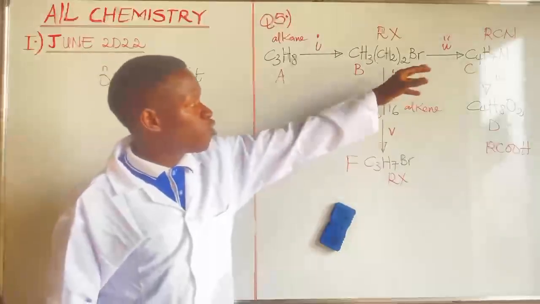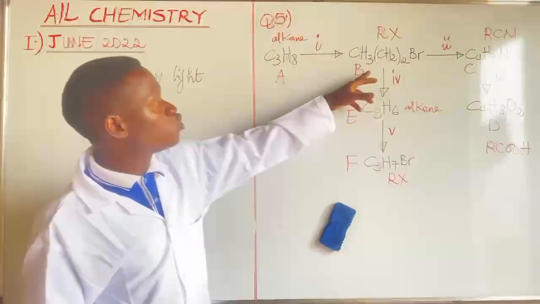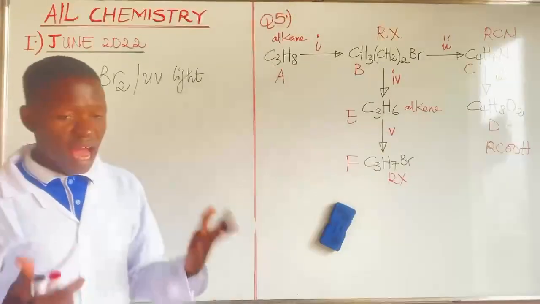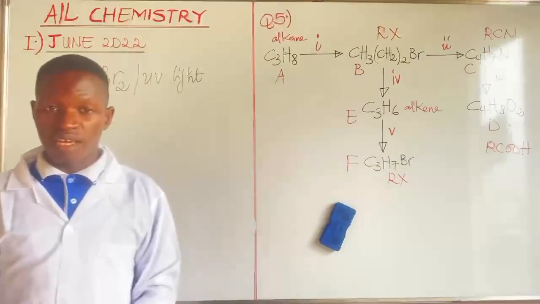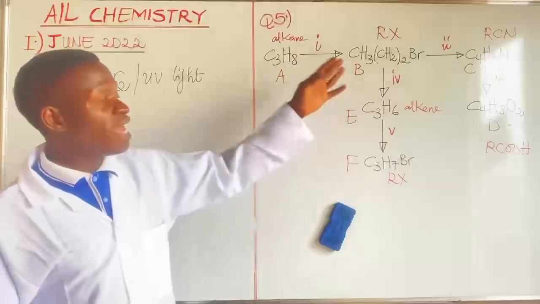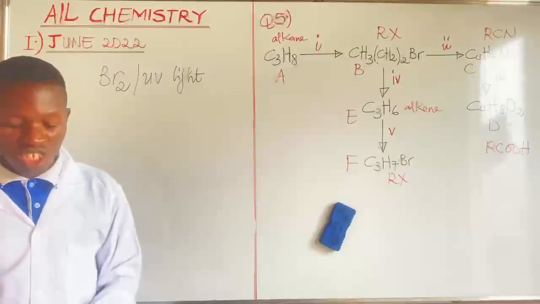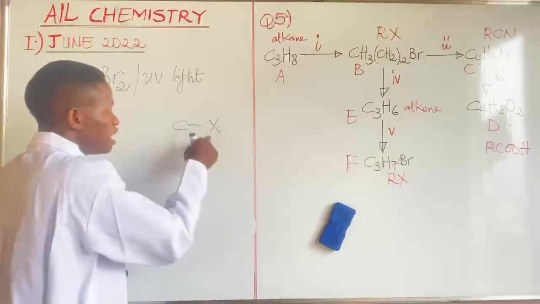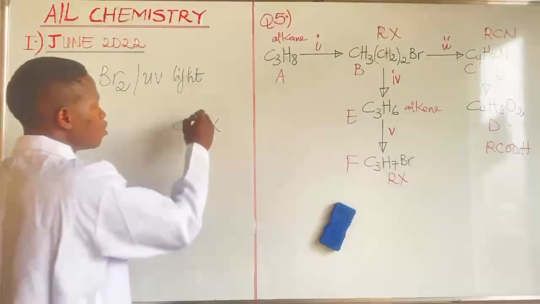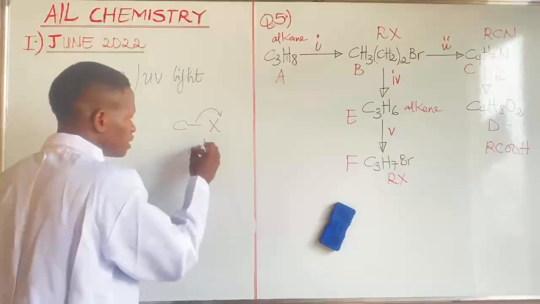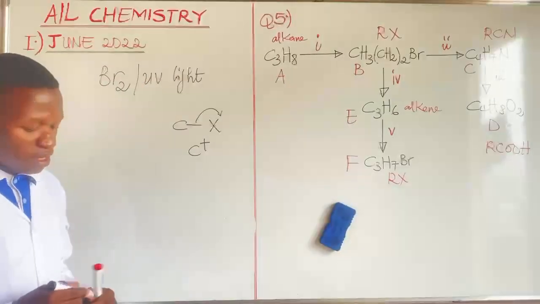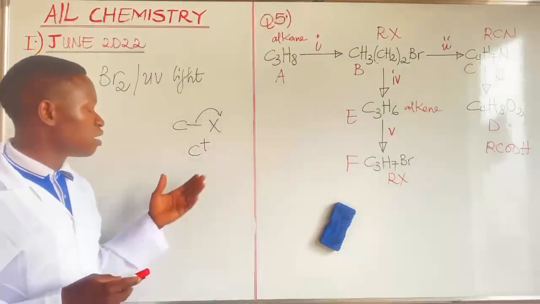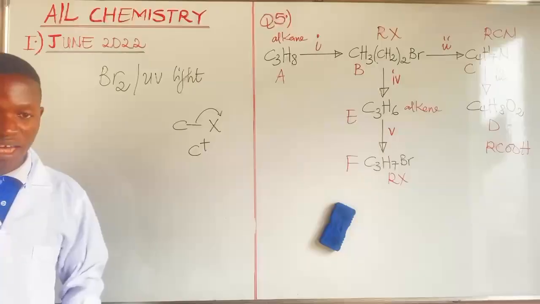Now, Roman 2, we are going from haloalkane to nitrile. We know that haloalkanes equally are saturated, but thanks to the high electronegativity of the halogen, the carbon-halogen bond is highly polarized. Once this bond is polarized, it creates a positive carbon center. This positive center is easily attacked by nucleophiles.